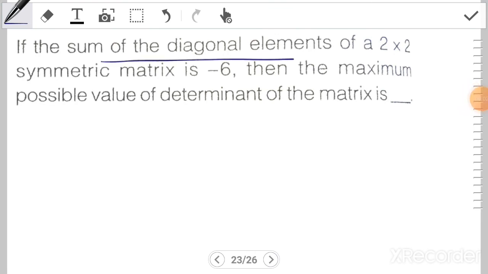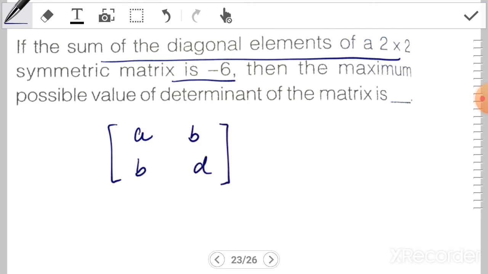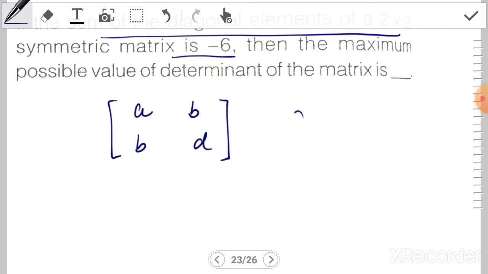If the sum of diagonal elements of a 2 cross 2 symmetric matrix is minus 6, then the maximum possible value of the determinant of the matrix is? So consider a symmetric matrix A with entries a, b, b, d. Given a plus d is equal to minus 6.